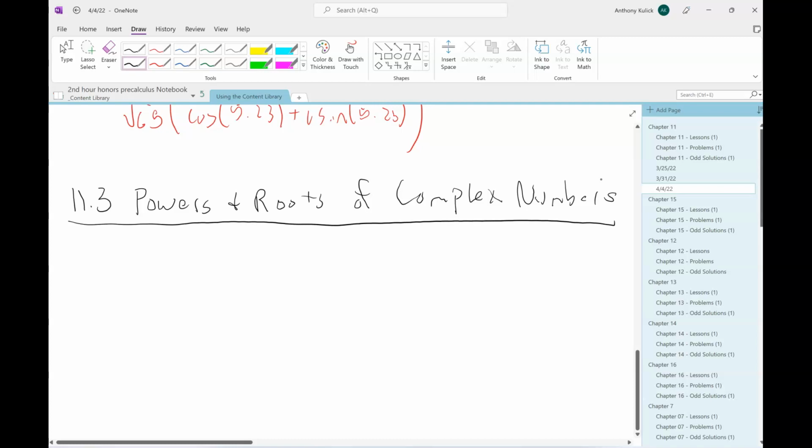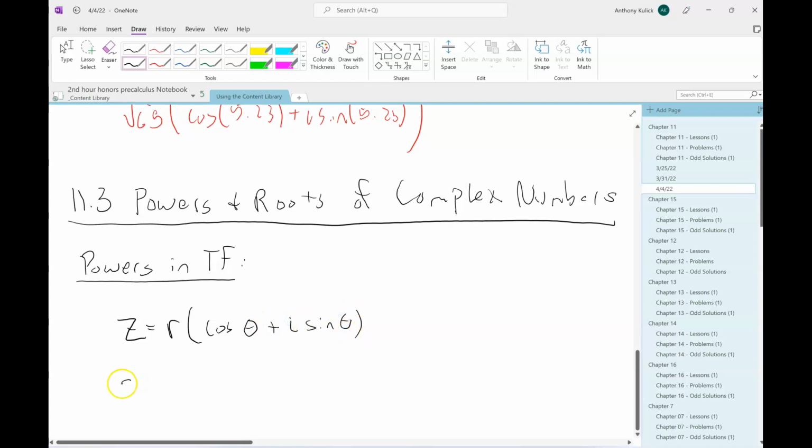Okay. We're going to be talking about powers and roots of complex numbers. We're going to start with powers. And it's much easier to talk about these in the trigonometric form. So just note, say we have some complex number, r times cosine theta plus i sine theta.